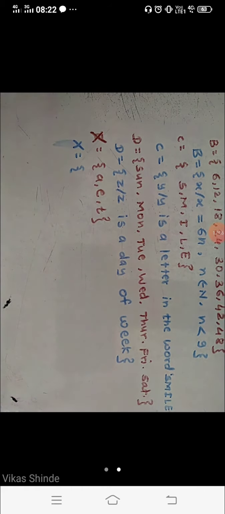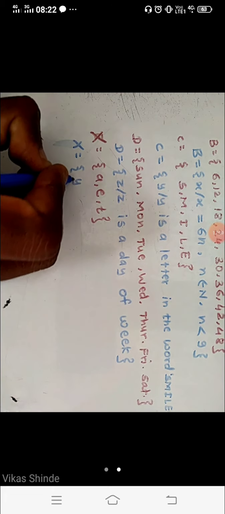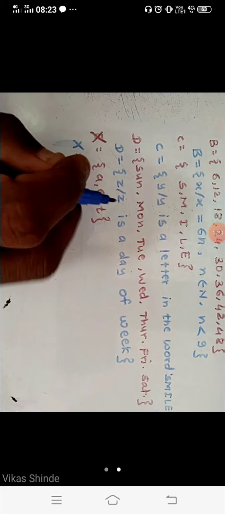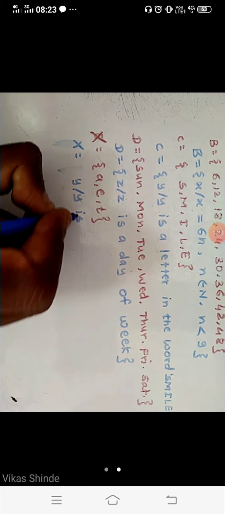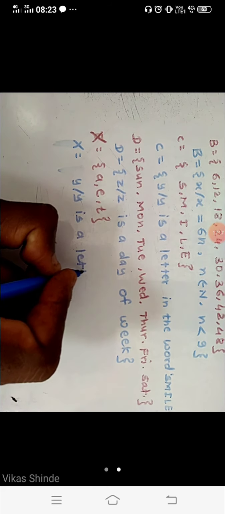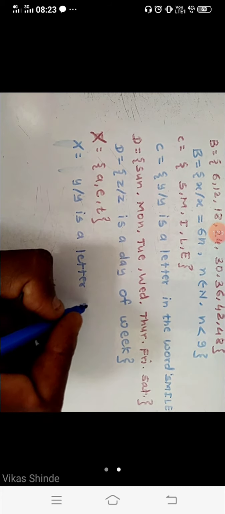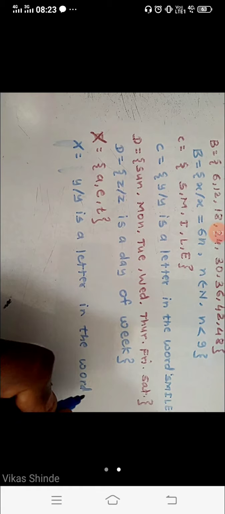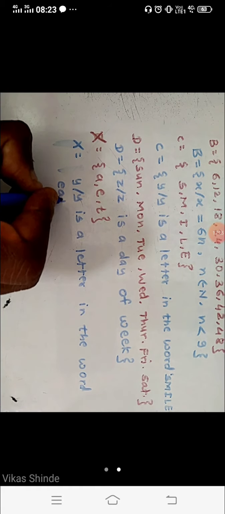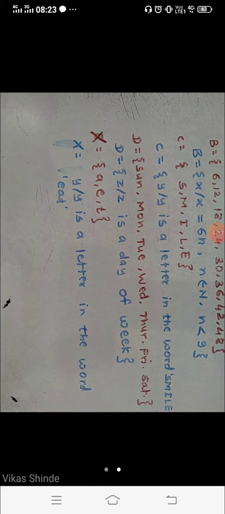X is equal to here. We have to write now Y such that Y is a letter in the word EAT, as well as you can write here TEAT also here.